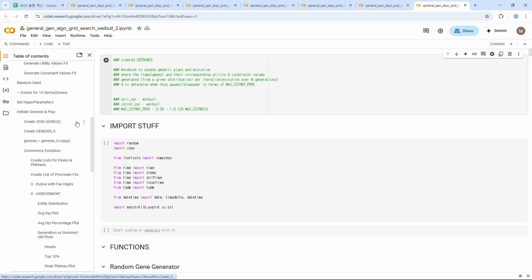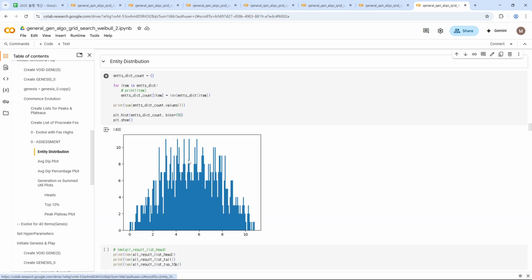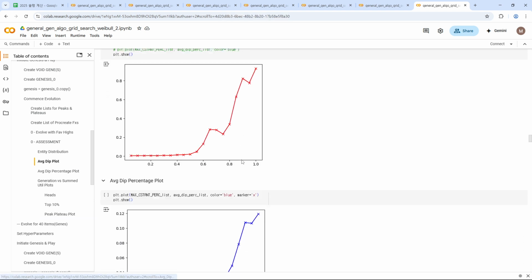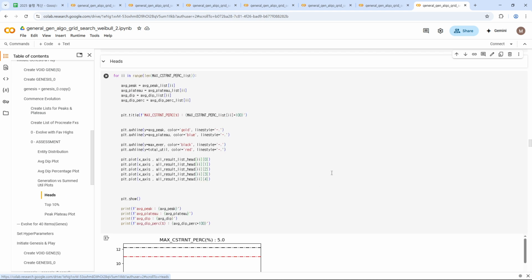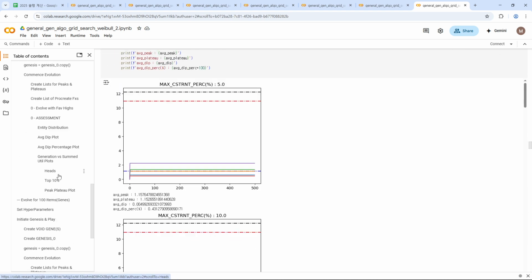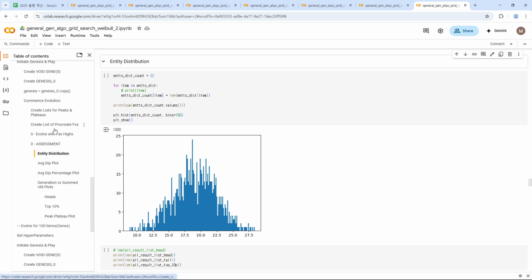Variable distribution, 10 items, peak plateau plot, yeah, about the same. Entity distribution, about the same. Average dip percentage plot, same. Heads, let's just skip that, since we now know that they're not actually that accurate. Average entity distribution when we have 40 items.